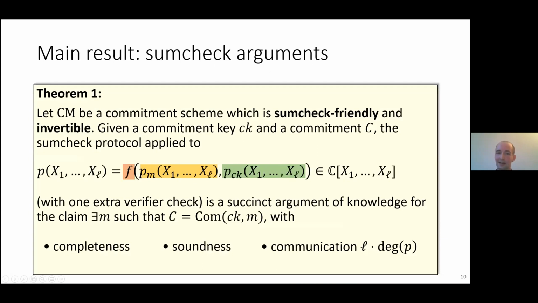And that is that if you have a commitment scheme which is sumcheck-friendly, like on the previous slide, and also satisfies this extra invertibility property that we'll talk about a bit more later, then if you just apply the sumcheck protocol with some small modifications to the polynomial in the middle of the slide, then you get a succinct argument of knowledge for an opening to the commitment. And this has communication costs exactly the same as the sumcheck protocol, pretty much.